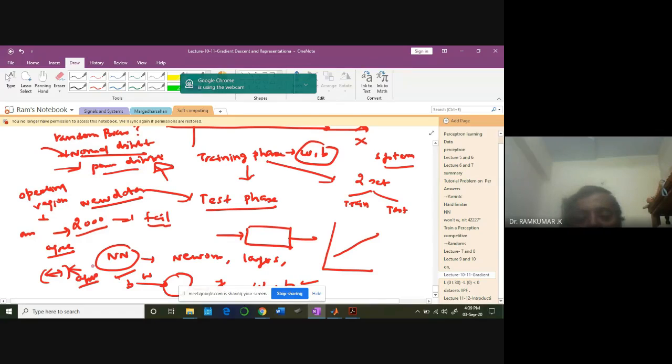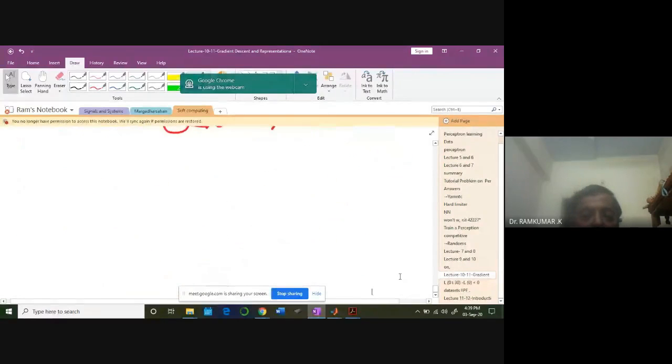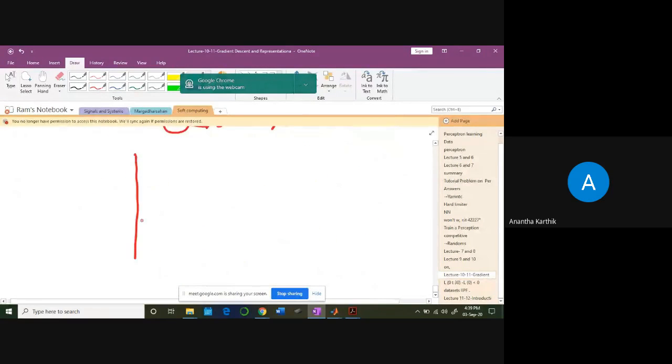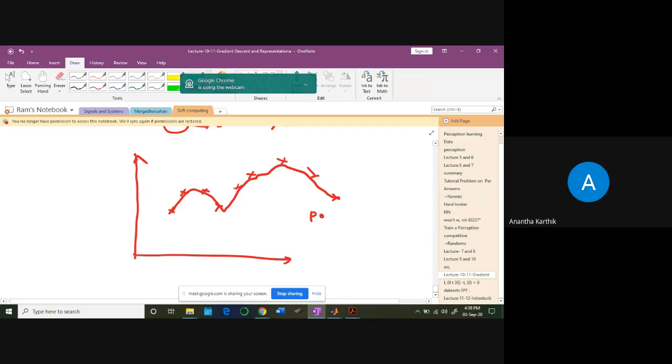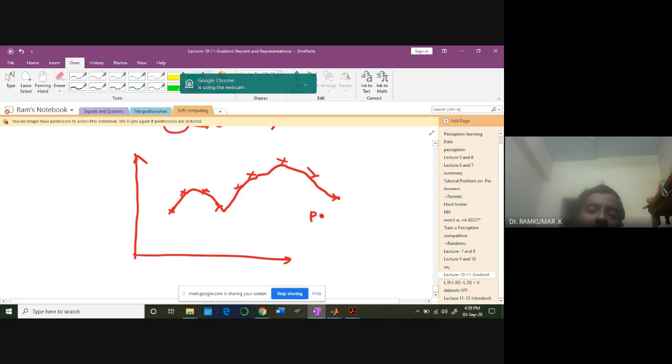But wherever it's feasible, if it is feasible for you to fit an analytical model for your given data, for example, I know my data is like this, I can very well fit a higher order polynomial function like this.